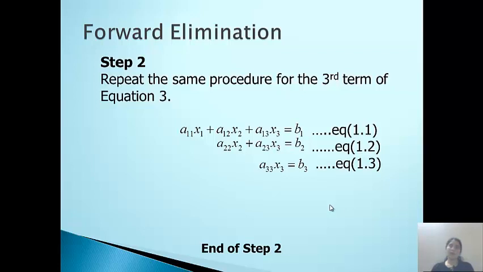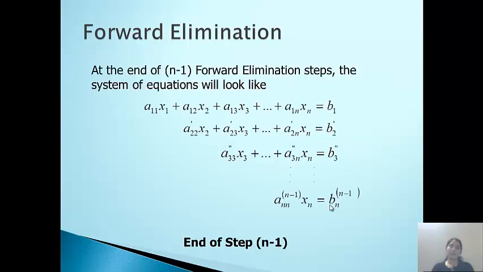We will get the following result, that is equation 1.3. Now this is the end of step 2. As we have seen, to solve the equations we need two steps. So to solve n equations we will need n minus 1 forward elimination steps.